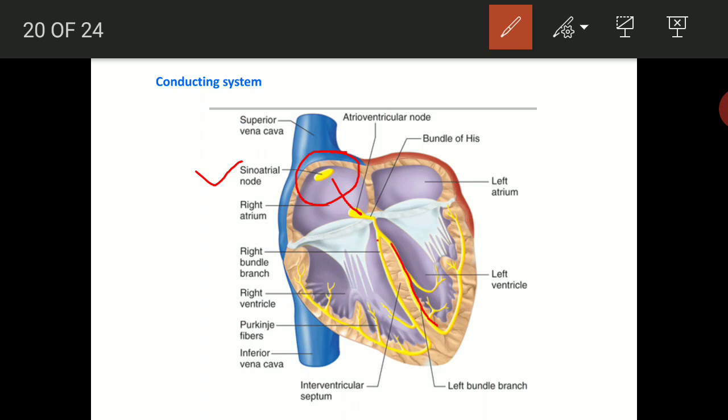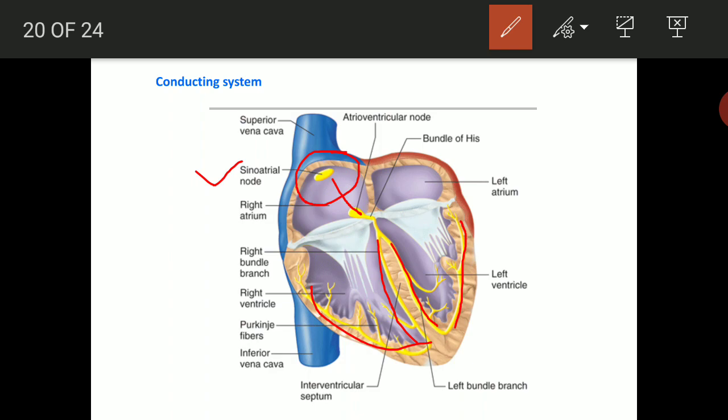It is further supplying the whole of the myocardium of the ventricle through Purkinje fibers.